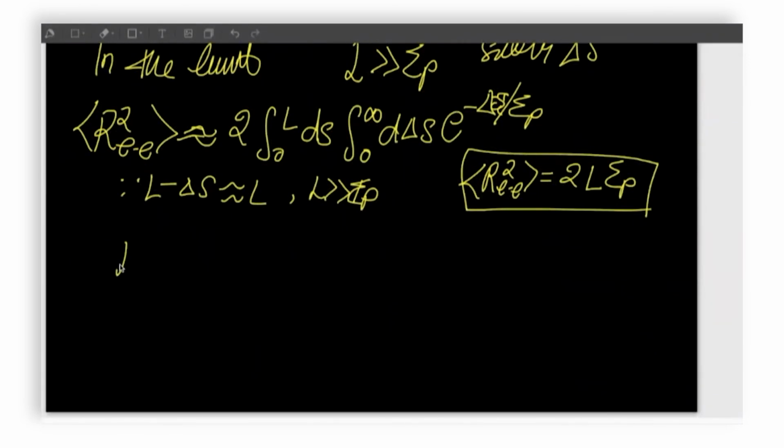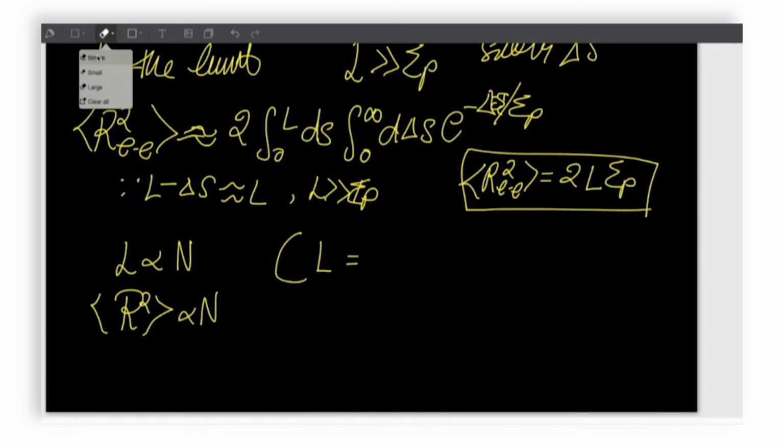But we know that L is proportional to N, from random walk statistics, and R squared, the end-to-end distance, is proportional to N, because R squared is equal to N a squared.